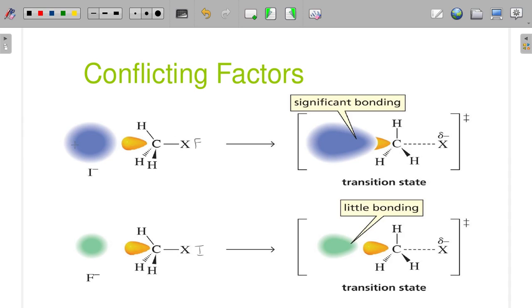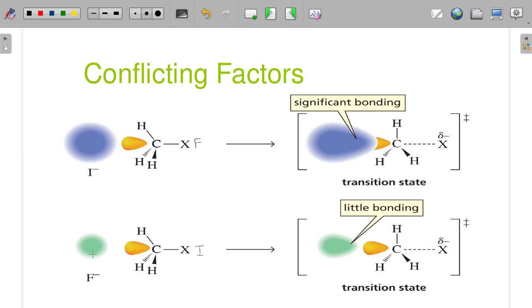Well, fortunately, iodine is big, so there will be a significant overlap long before that fluorine gets kicked off. So that transition state has a little conflicting factor. The iodine's bulkiness is going to allow that transition state to actually exist in a very elongated state while the fluorine's still attached.